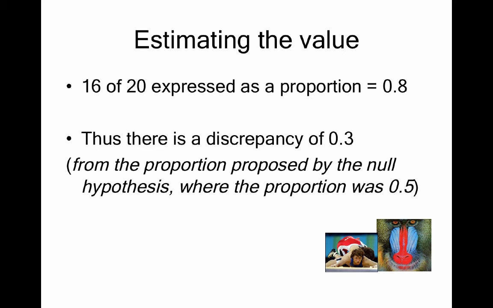Now 16 out of 20 actually did win, and that's a proportion of 0.8. And the difference between this and what we expected is 0.3, isn't it? Because we expected 0.5 and we got 0.8, so our difference is 0.3.